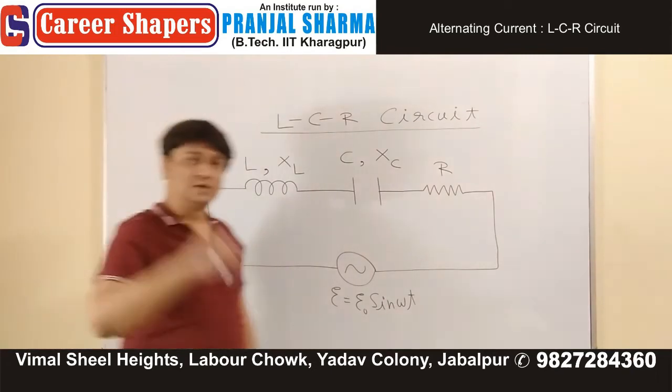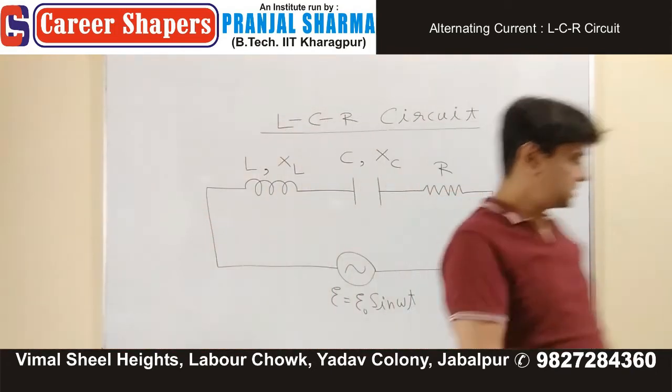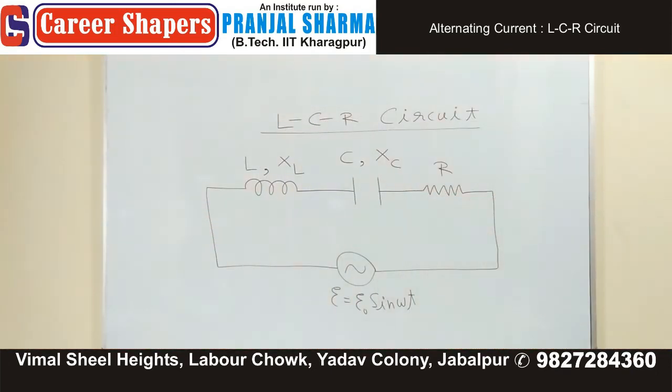Now tell me this, let me see what your understanding level is. When you connect LCR like this in series combination, then in which component, L, C or R, current will be maximum?